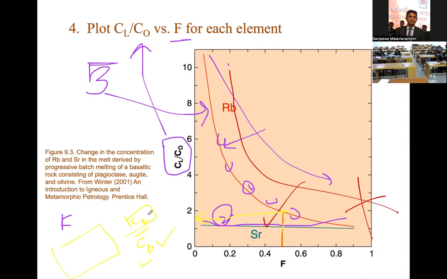Or otherwise, if you know this composition, and your degree of melting is also known, then you can find out the source composition, what kind of a source this rock was belonging to. Okay, so this is the idea, the principle, the concept behind this batch melting and its application.